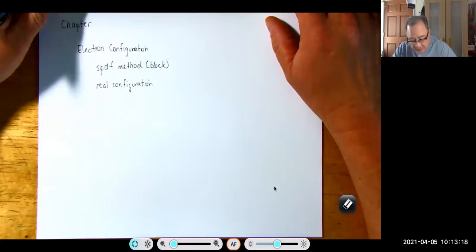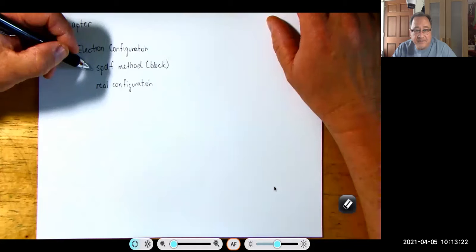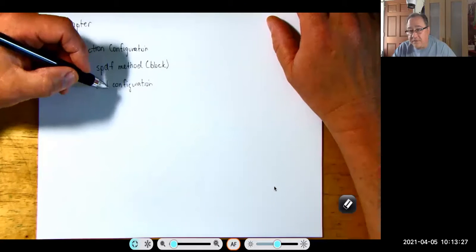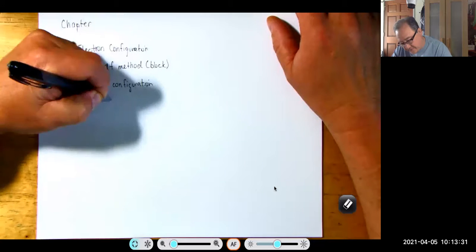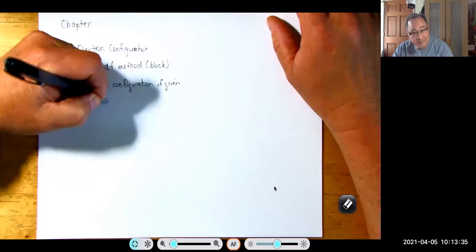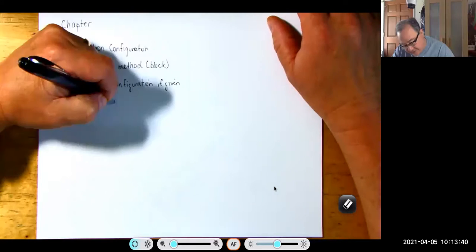Does the real configuration always match the SPDF configuration or vice versa? No. You're not responsible for knowing the real configuration, but if given, what should you be able to do? Determine the element. You should ID the element.